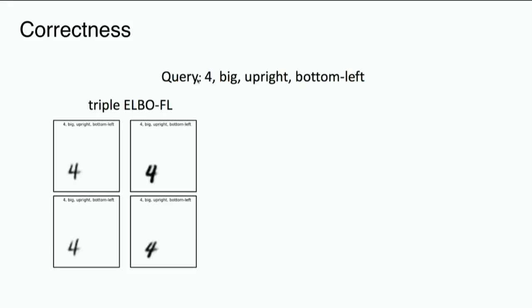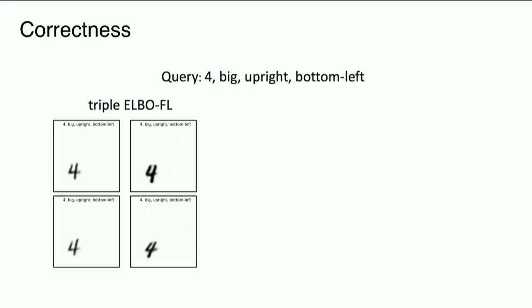If I tell you to generate an image that has 4s in it that are big, upright, in the bottom left, then all of the images that you generate better have 4s that are big, upright, in the bottom left. So they're correct. They all satisfy the constraints that the query specified. But there's going to be some variation, right? Hopefully. We'll talk about that in a minute. Other methods don't do as well as us. I think I omitted the comparative work in these slides, but it's in the paper.